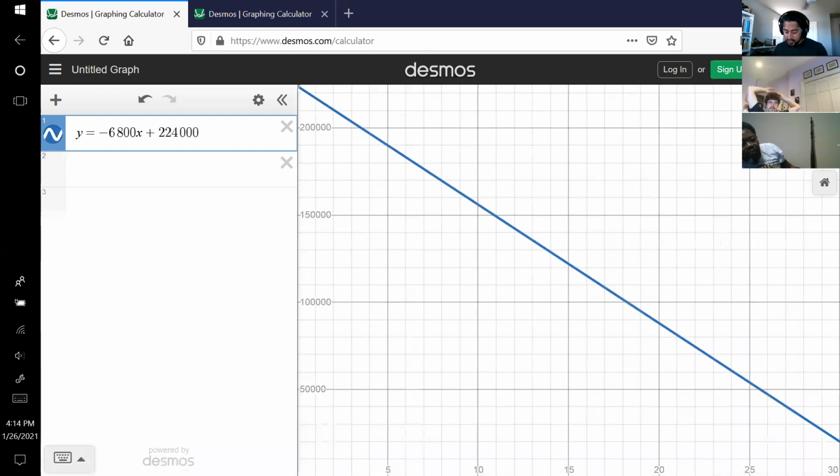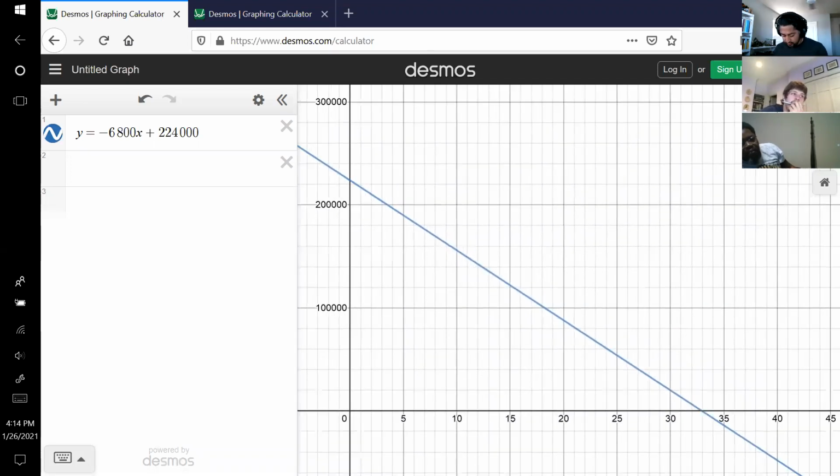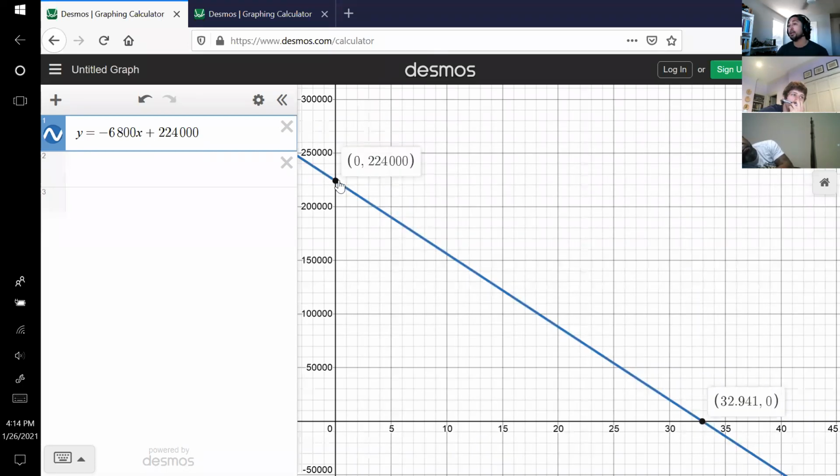Close that toolbar and look what we have, y'all. Here is our exact graph using those coordinates. So there's that point. The boat was 0 and 224,000. And if I just drag my finger along, we can find all the other values that we just calculated. Look at that. We said at 10, it was 156,000.